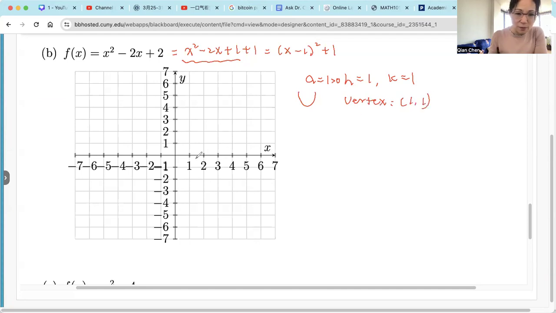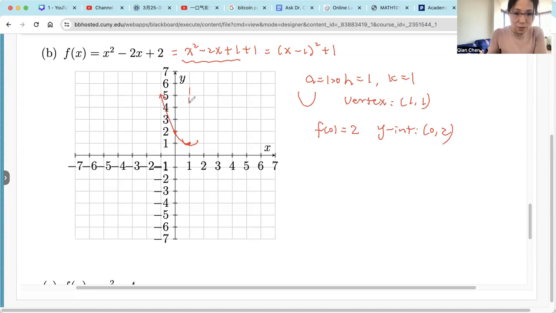So let's graph it. x value is 1, y value is 1, so that's the vertex. And it goes upward, right? Goes this way. Now we need to find a y-intercept. Y-intercept means f(0), so x value is 0, so we get 2. So the y-intercept is (0, 2). Or (0, 2) is here. So that means from this point to this point, that's this.